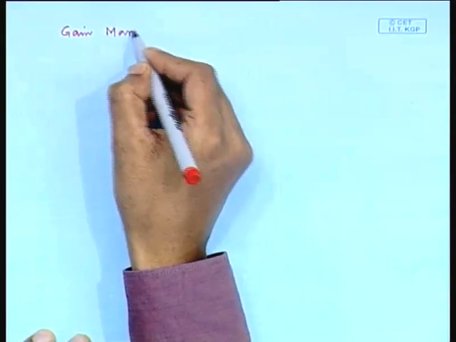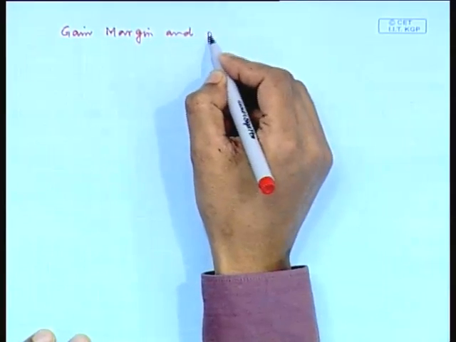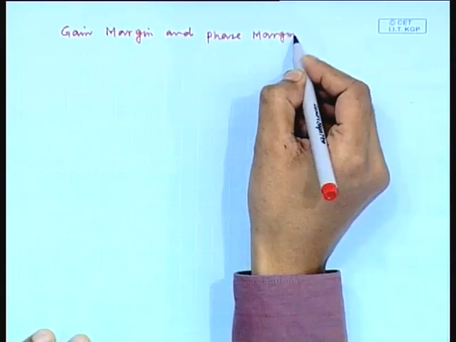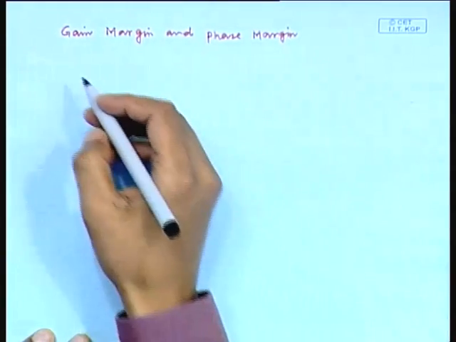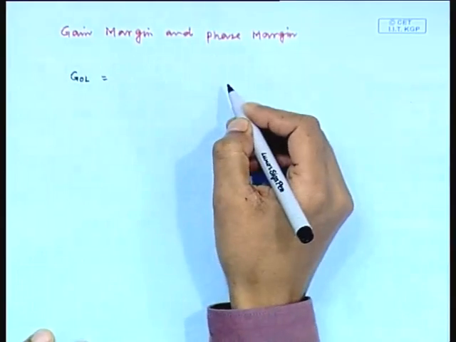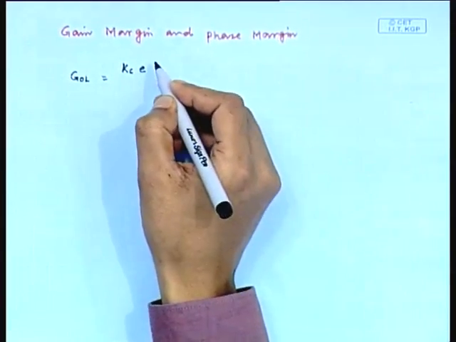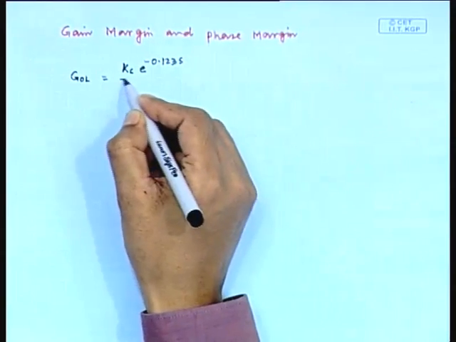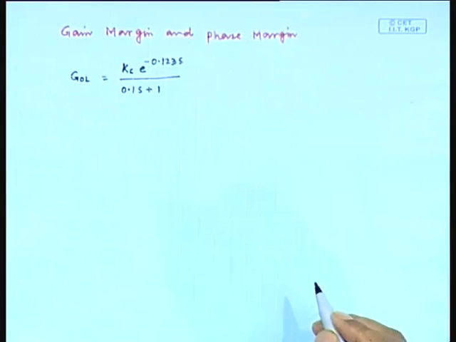Gain margin and phase margin, and we considered the example having open loop transfer function equal to Kc exponential minus 0.123 s divided by 0.1 s plus 1.